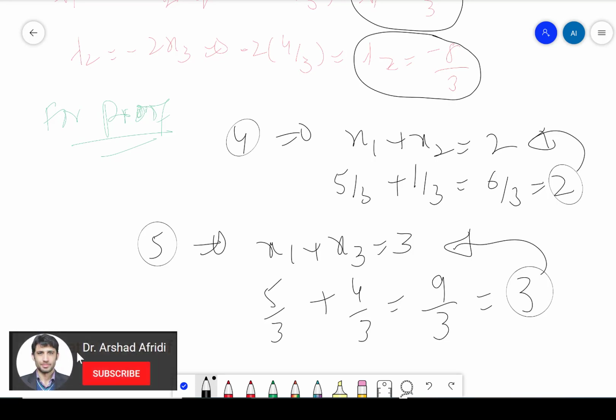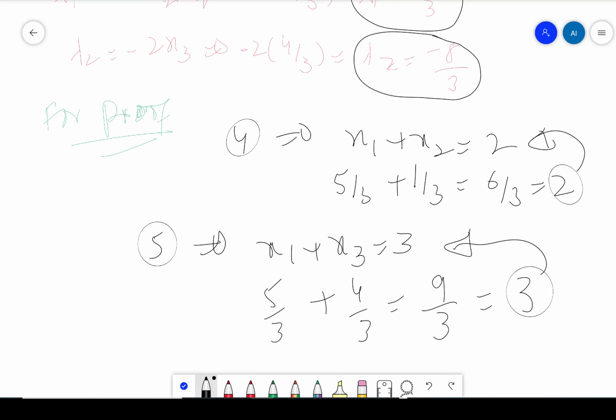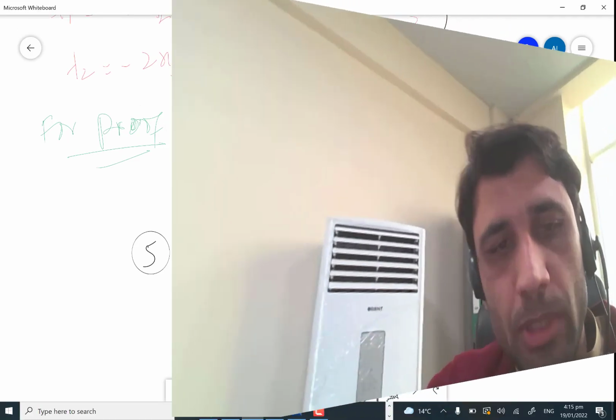So that is the proof that the values we have derived for x1, x2, x3, lambda 1 and lambda 2 are correct.